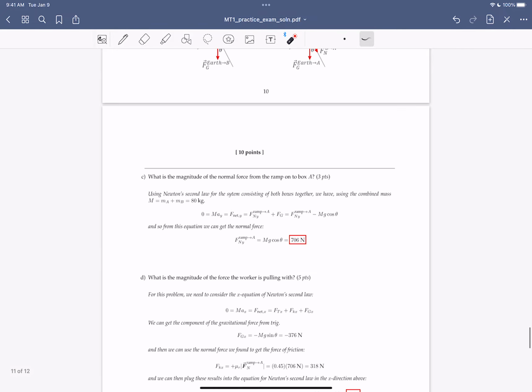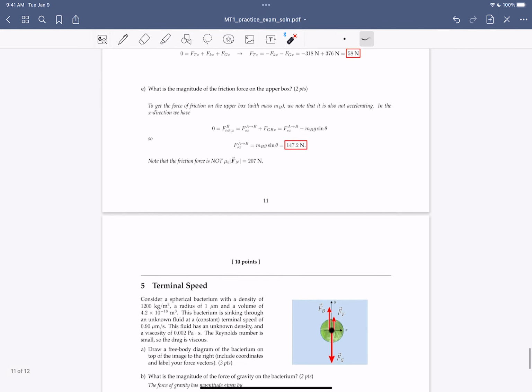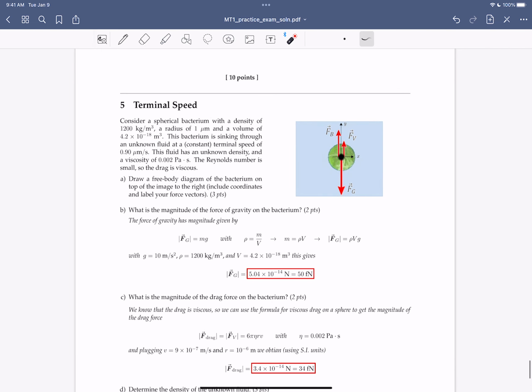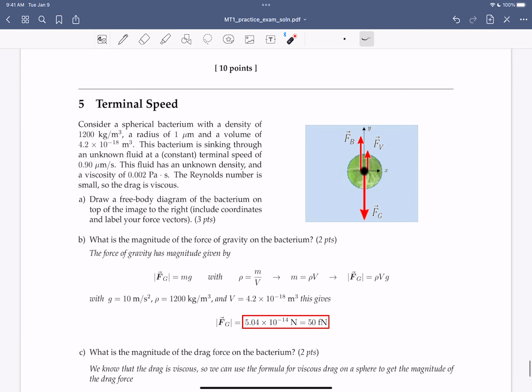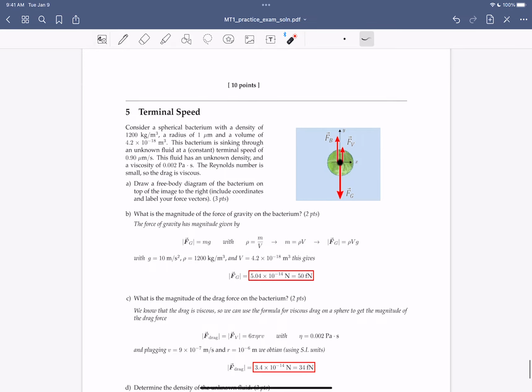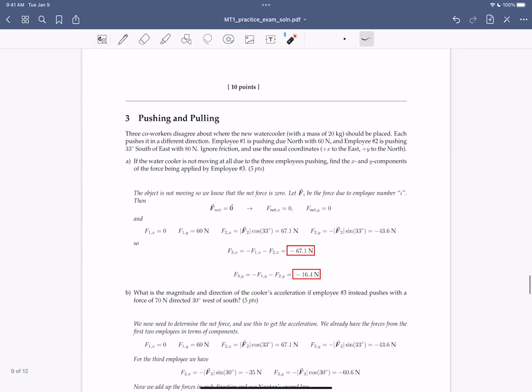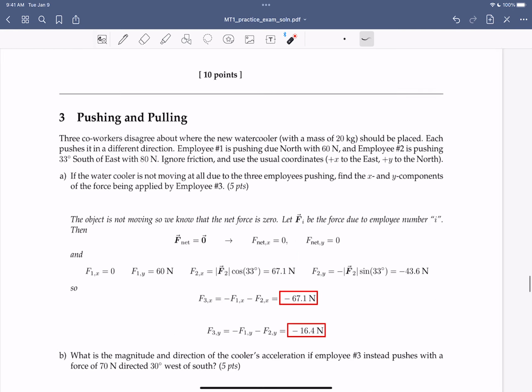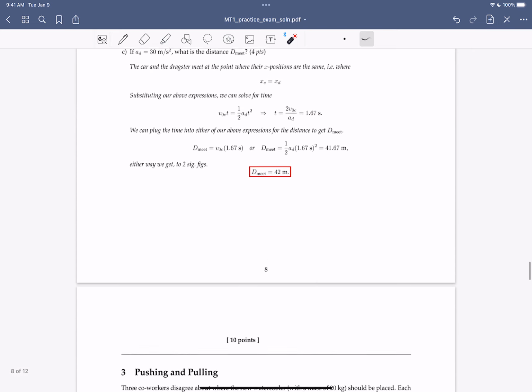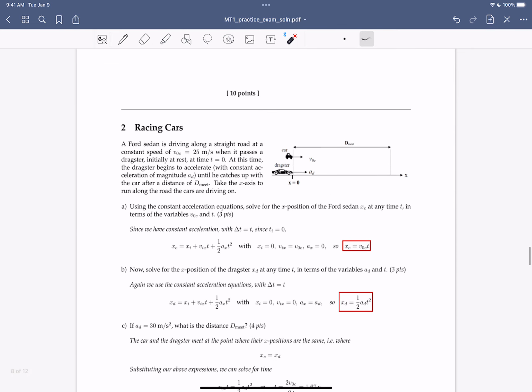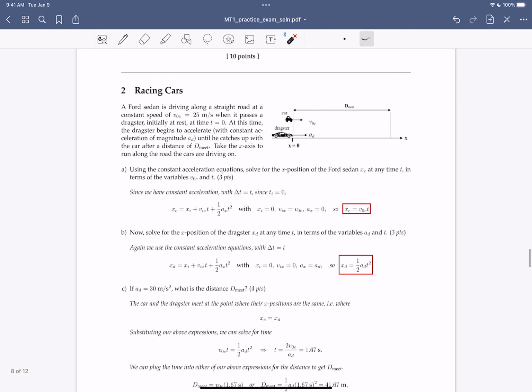Well, that's not good. How about 5? Does that look familiar at all? Okay, 5 is cool, so 4 is a problem. And how about 3? Pushing and pulling. Nope. Oh wow. Oh, so you guys had 2 spring problems?